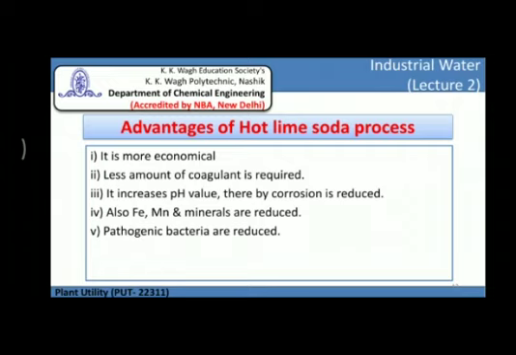Also the ferrous, manganese and minerals are reduced through this hot lime soda process, and the pathogenic bacteria are also reduced, or we can say due to the hot condition the pathogenic bacteria cannot survive, so they get reduced.